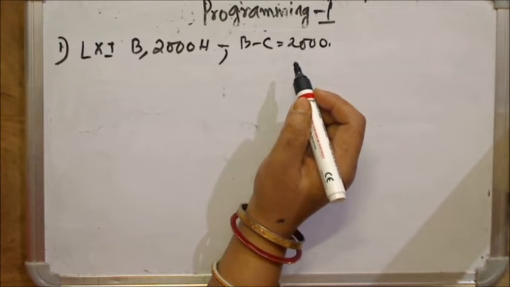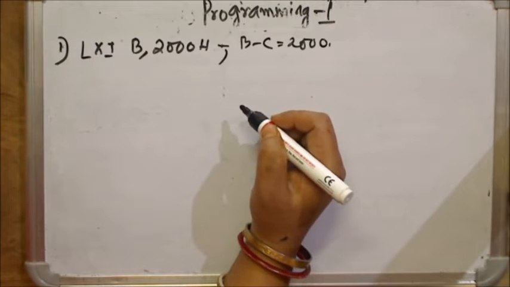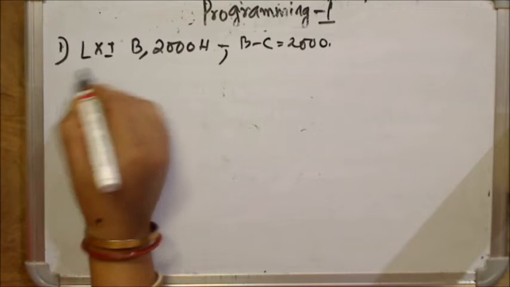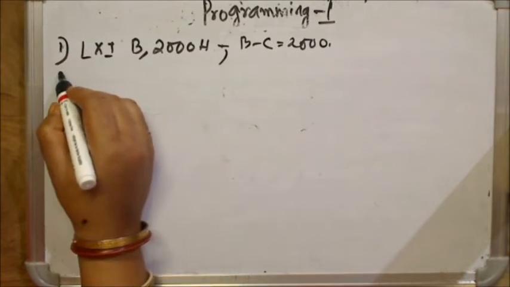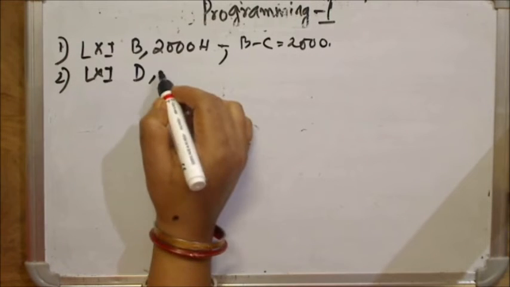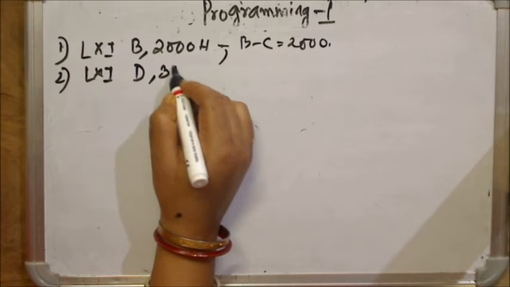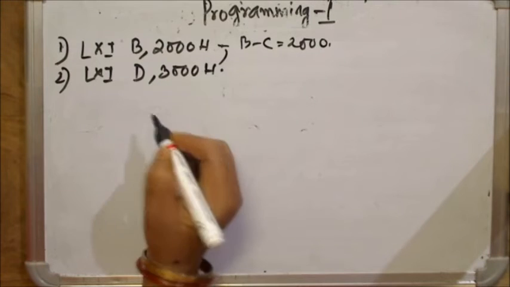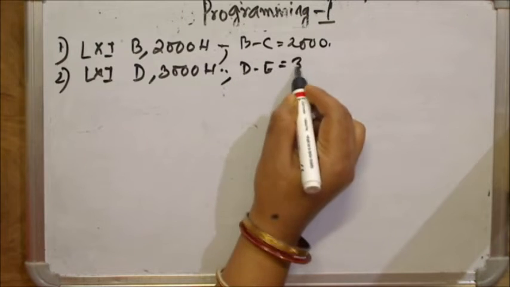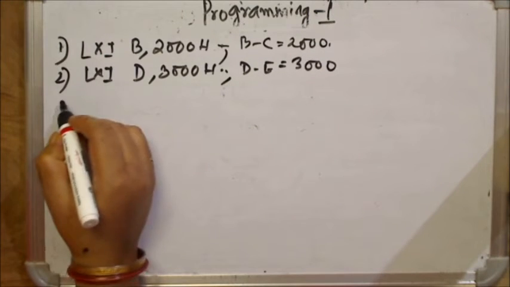I will use an address at a later point of time, but first I have to initialize the register pairs. First I will initialize the BC register pair, then I will initialize the DE register pair, that is the destination location, LXI D comma 3000. So I will initialize the destination location also. So DE pair is initialized with 3000, right?